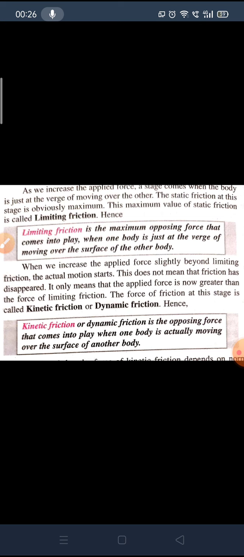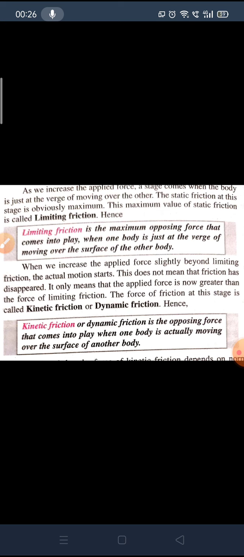The limiting friction is the friction force which is working between the surfaces of two bodies when the object is on the verge of motion. That means it has just started the motion. At that point, friction force will be maximum, because this is the friction force which sets the object into motion.